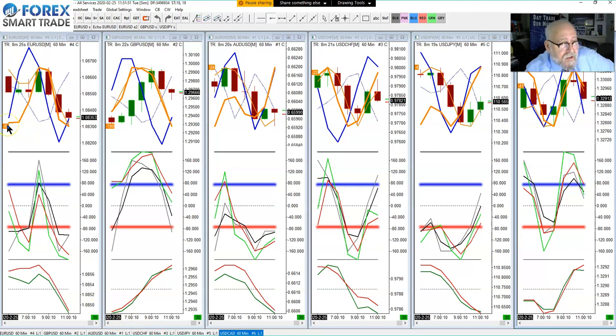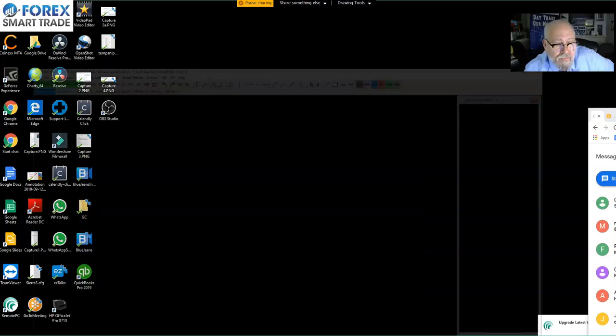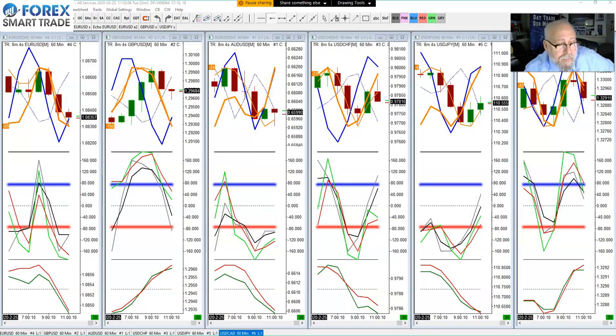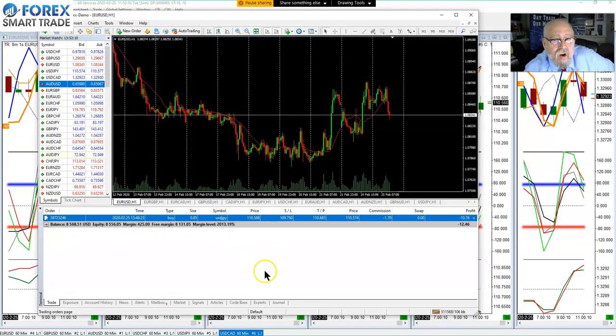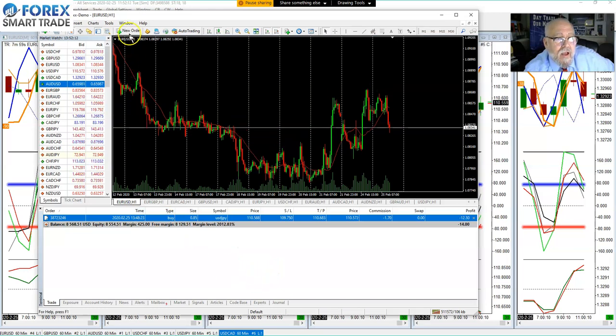So again, the signal, just to review, -90. We're kind of sitting right on -90. I got all the lines below. So to do that, oops, we're going to open up the Euro USD chart. New order.